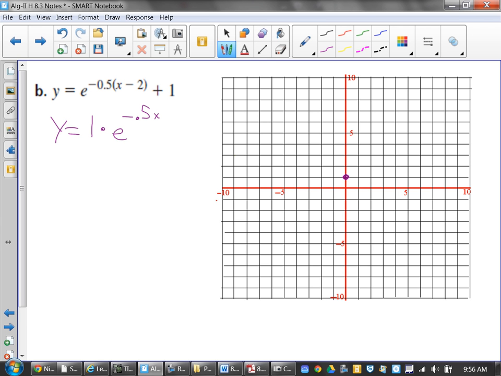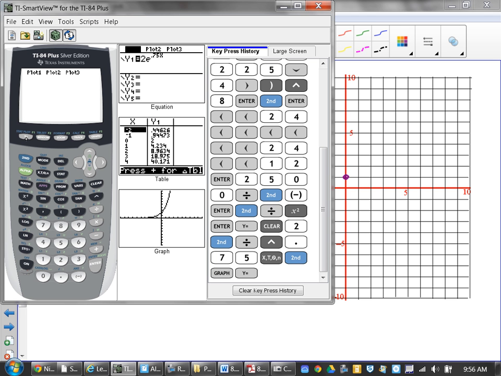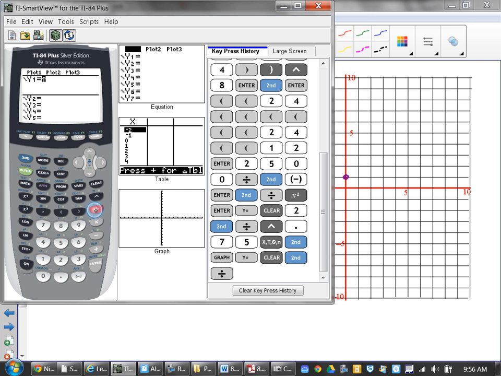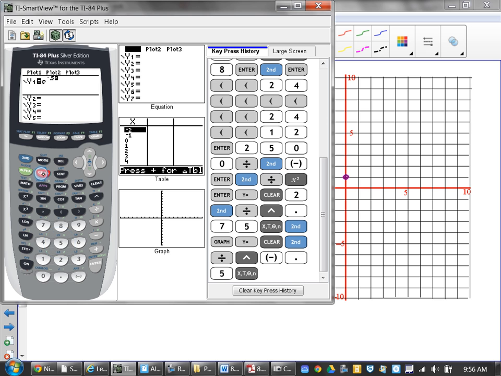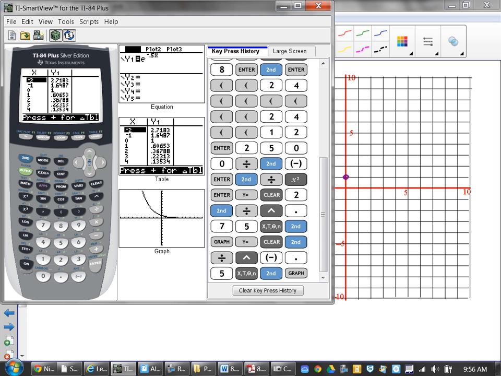Now, if I want to get a secondary point on this, put that in my calculator to find the next value. So this was e to the, what was it, negative 0.5? Yeah. Go to the table. So at negative 1, it's at 1.65.